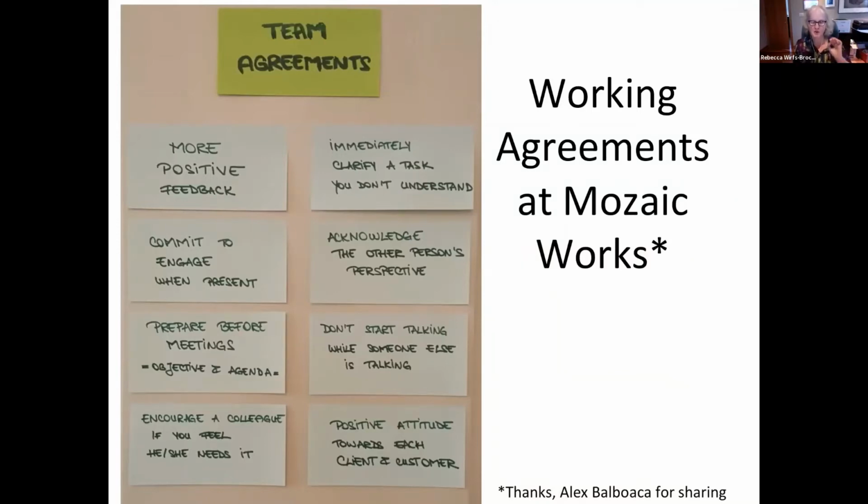Let's have a positive attitude towards each other, that's the bottom right hand, and each client and customer. Sometimes we can get grumpy about our customers, but they want to make sure that's the working agreement they have, because that will determine the behavior of how you interact. And encourage your colleague if you feel that he or she needs it. So that's just two.